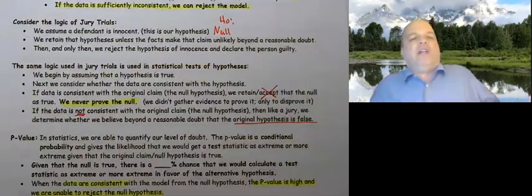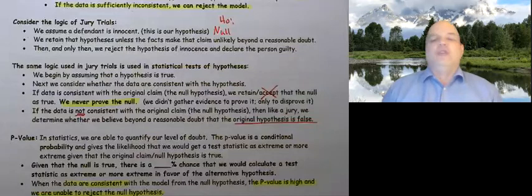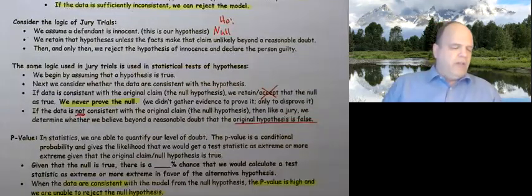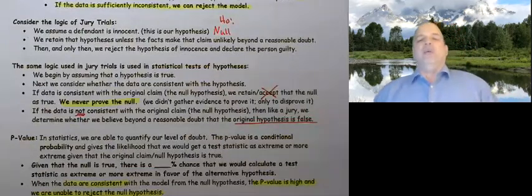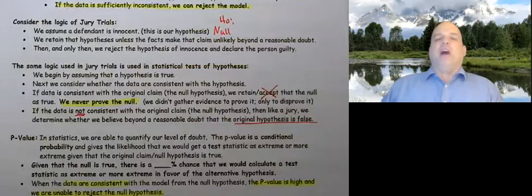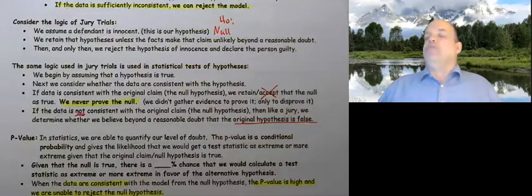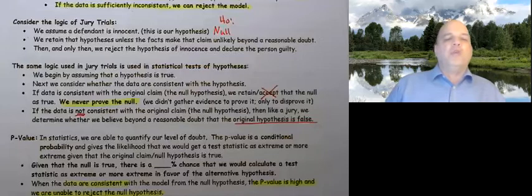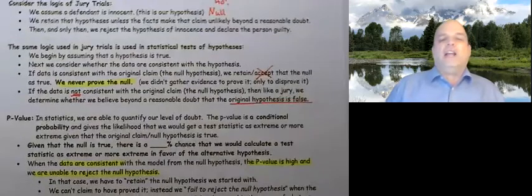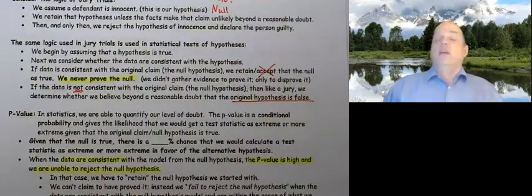But if we calculate a probability of, let's just say 3%, what a p-value would say is, given that the original claim is true, there's a 3% chance that we would calculate a test statistic as extreme or more extreme in favor of the alternative hypothesis by random chance alone. In other words, by random chance, how likely are we to get a test statistic this extreme or a p-value this small?